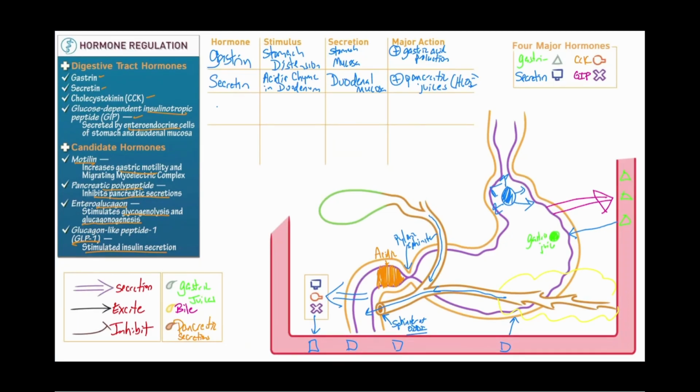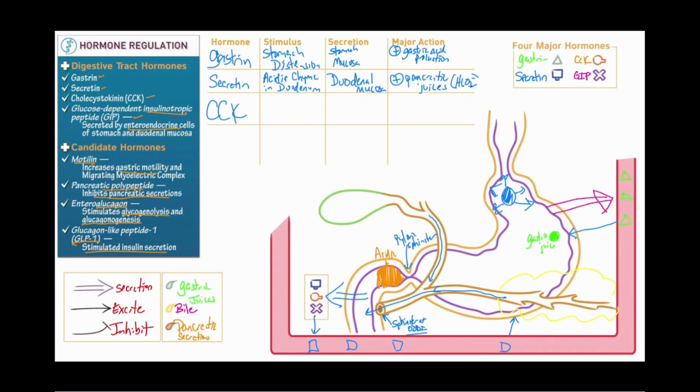The next one is CCK, cholecystokinin. What does chole refer to? What does the cysto refer to? The space. Okay, so the cholecysto is the gallbladder. Kinin is going to be this thing that's going to stimulate it.